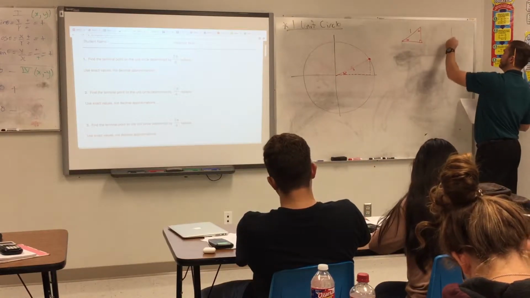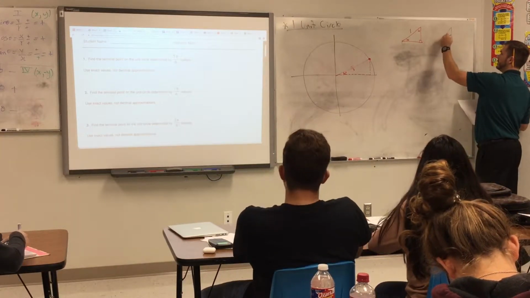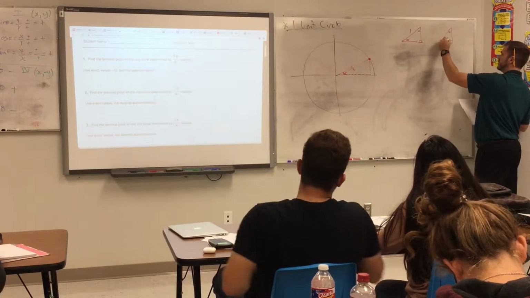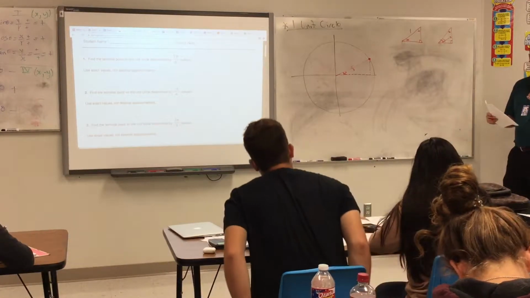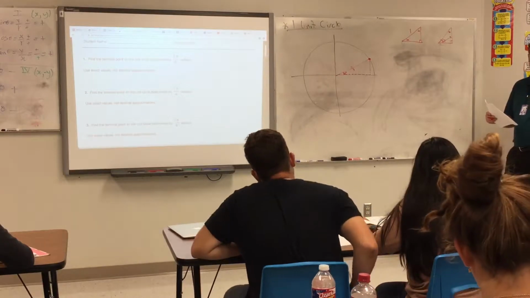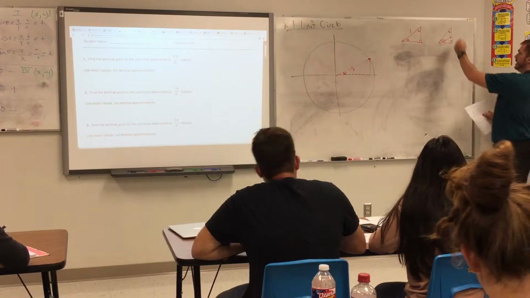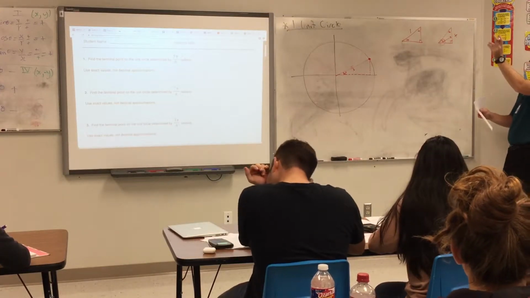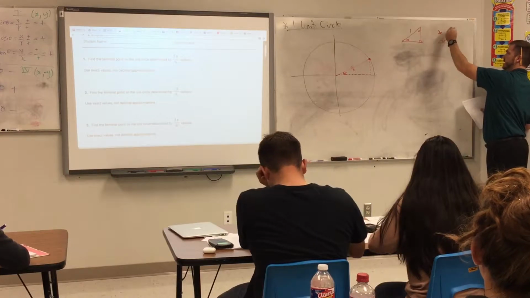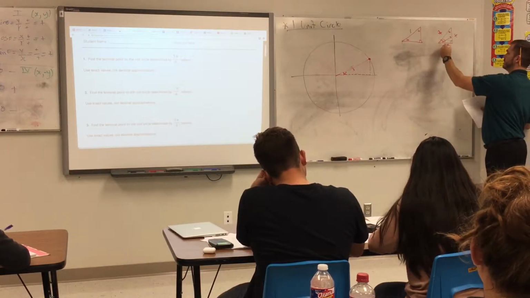So over here I'll remember when I had the 30 and the 60. Across from the 30, you may remember this from the special right triangles, I would normally write opposite, but with special right triangles I write x. And then on the hypotenuse I write 2x, and across from the 60 I write x root 3.